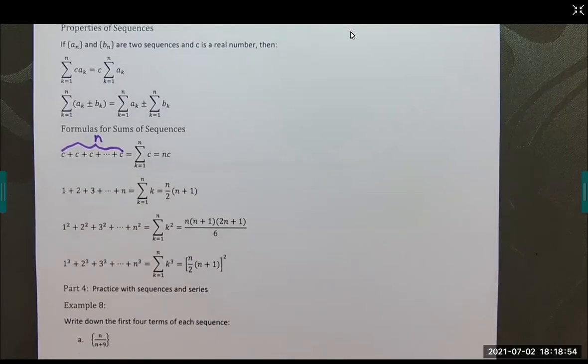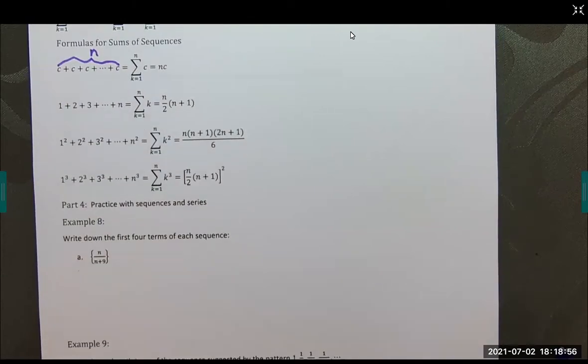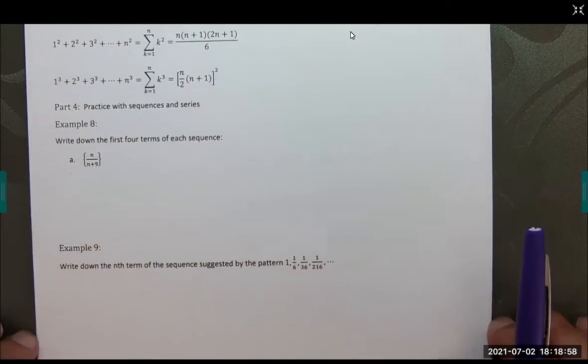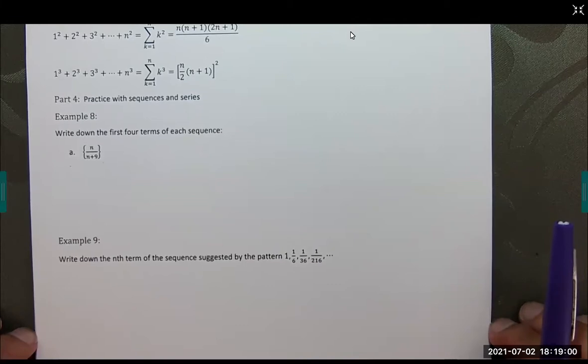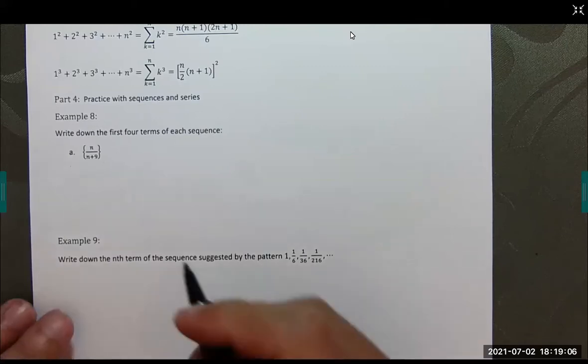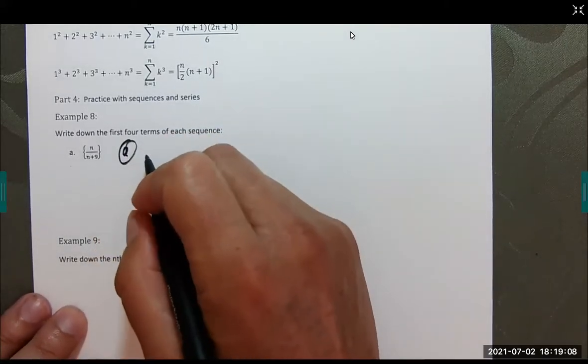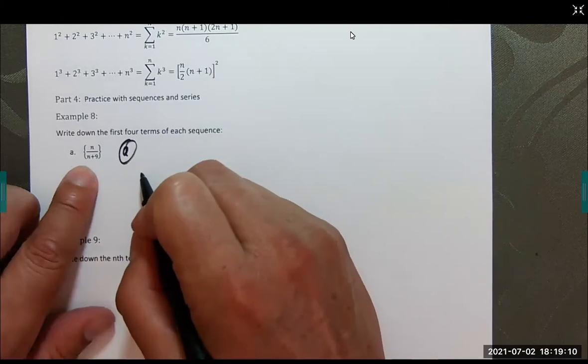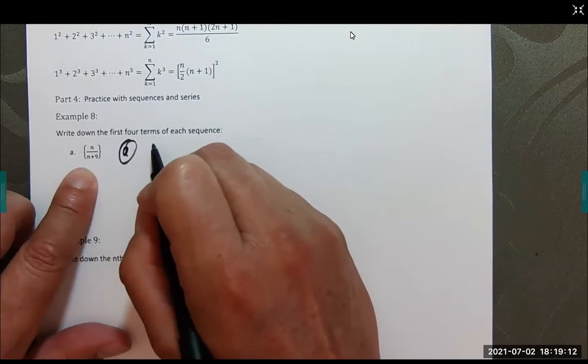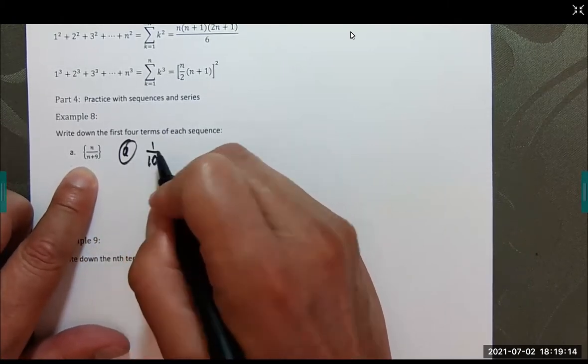Part 4. Practice with sequences and series. Write down the first 4 terms of each sequence. And we only have one that we're going to do here. So we have A. Now, when n is 1, it's going to be 1 over 10.